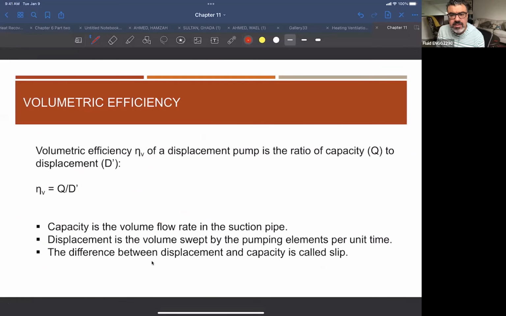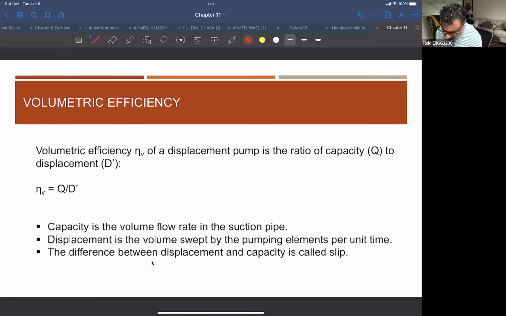Volumetric efficiency, as I mentioned, depends on how much leakage you have in the system, right? So Q, which is delivered by the system, divided by the displaced volume, or the displaced flow rate. The displaced flow rate you calculate from the equation; this is kind of a design condition. But the actual Q is the actual flow rate coming out of the pump. So the volumetric efficiency, which is related to internal leakage, is the ratio between the actual flow rate and the displaced volume.